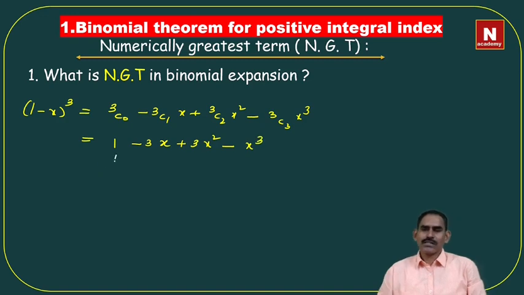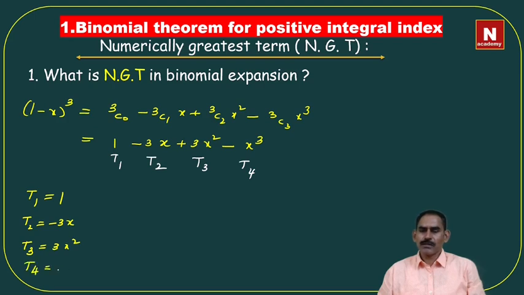Here, this is term t1, second term t2, t3, t4. I'm writing the terms here: first term t1 is 1, t2 equals minus 3x, t3 equals 3x square, t4 is minus x cube.